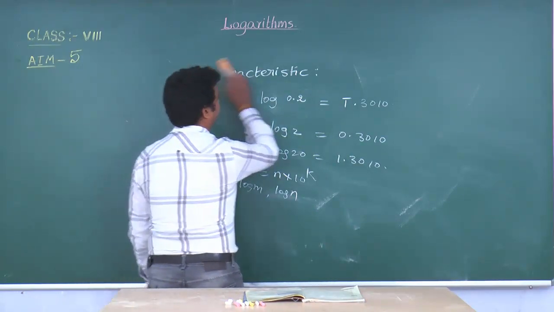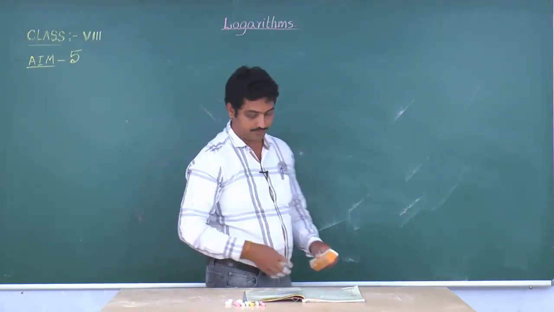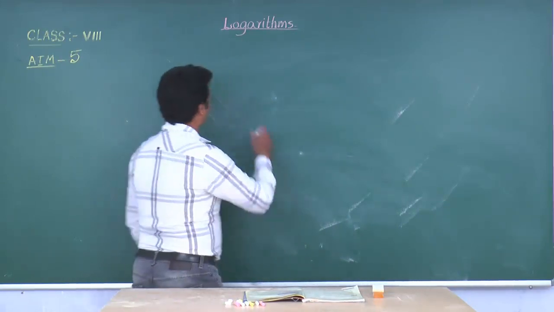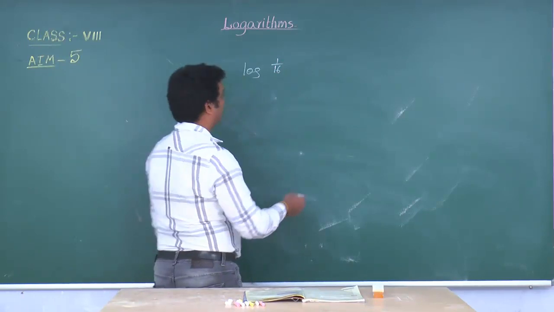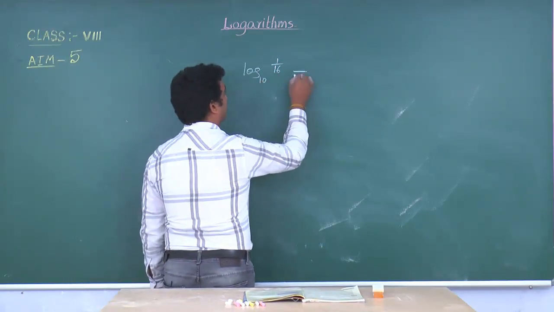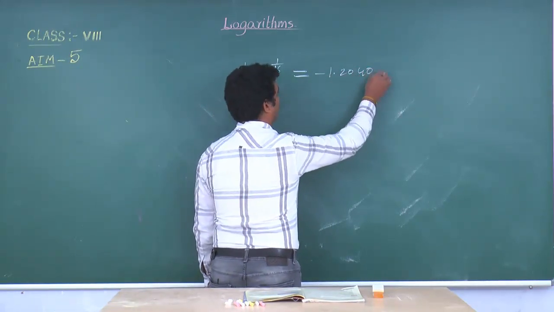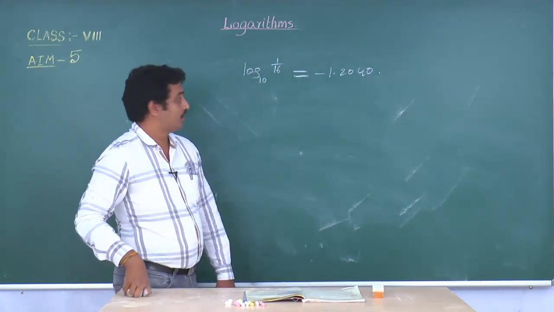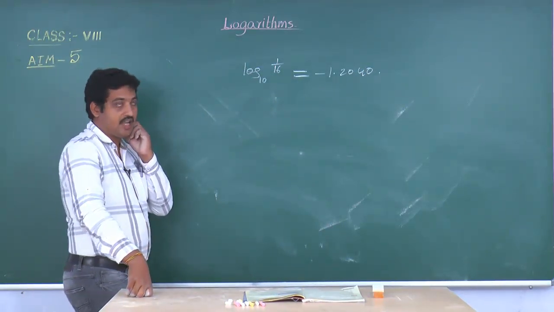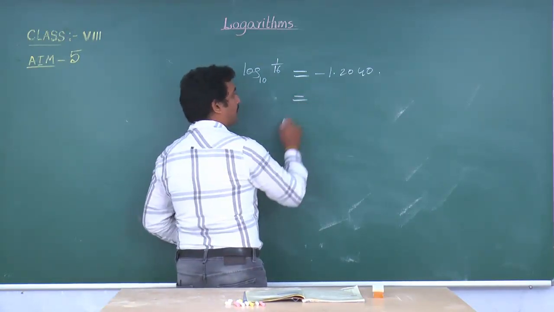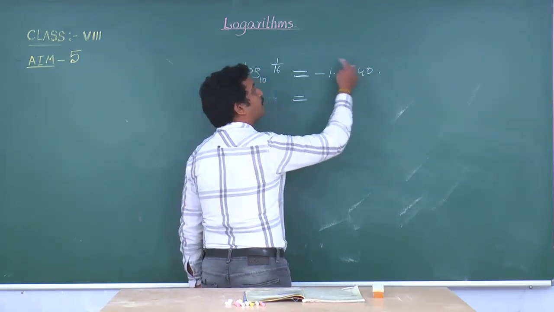Now come to the examples. Find the mantissa of log 1 by 16 to the base 10, which is equal to minus 1.2040. This is given. Now I have to find the mantissa and characteristic also. Already we know the process. Here minus 1 is an integer and 0.2040 is a fraction.